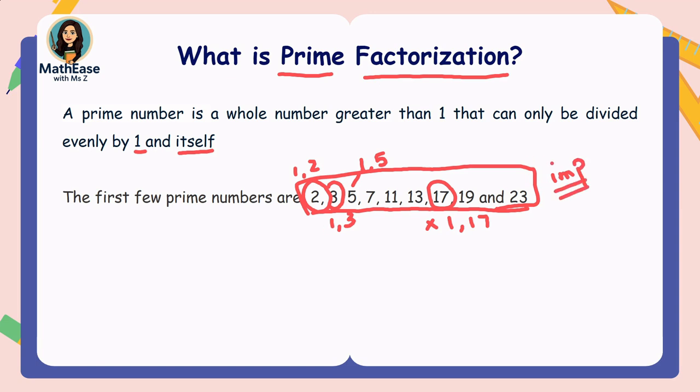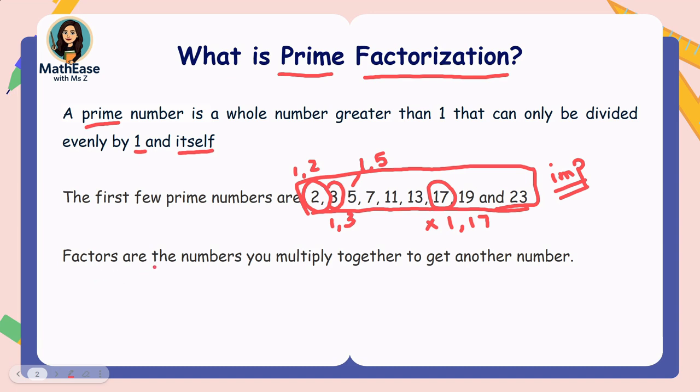Now that we have the word prime sorted, what about the second part of this term, factorization? A factor is a number that divides another number exactly without any remainder. For example, if you take the number 12, the factors are 1, 2, 3, 4, 6, and 12 itself.